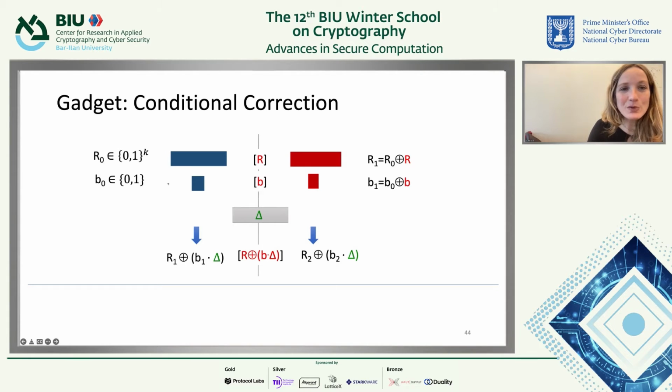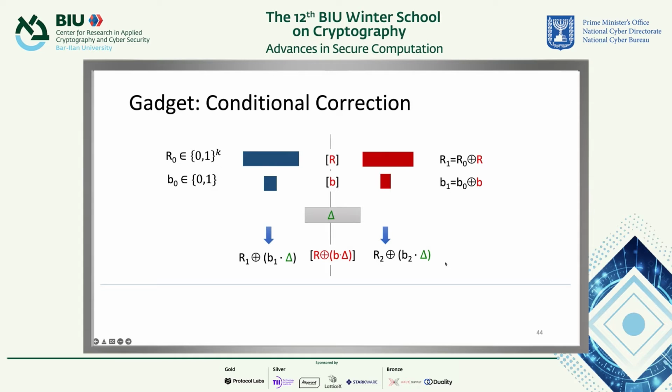This is supposed to represent taking this R0 plus delta, where delta is the same length and lines up with my R0, but I take delta times B1. What does that mean? If my bit here is 0, I don't add in delta. But if my bit is 1, then I do add in delta. That's what this represents. So I do this operation and you do the same operation.